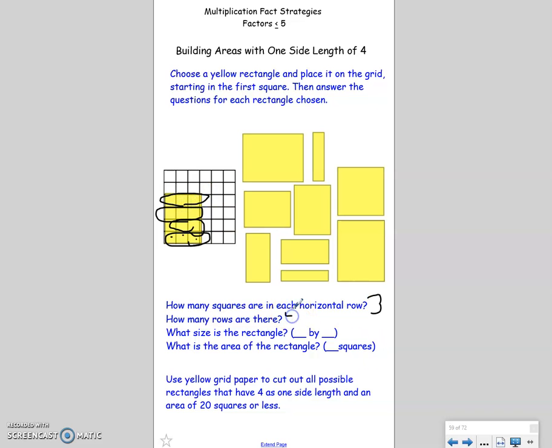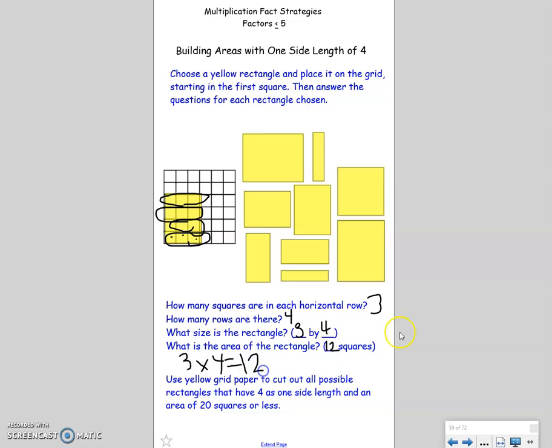There are 4 rows. So this is a 3 by 4 rectangle. What is the area of this rectangle? You're right. The area of this rectangle is 12 squares. So we now know 3 times 4 equals 12.